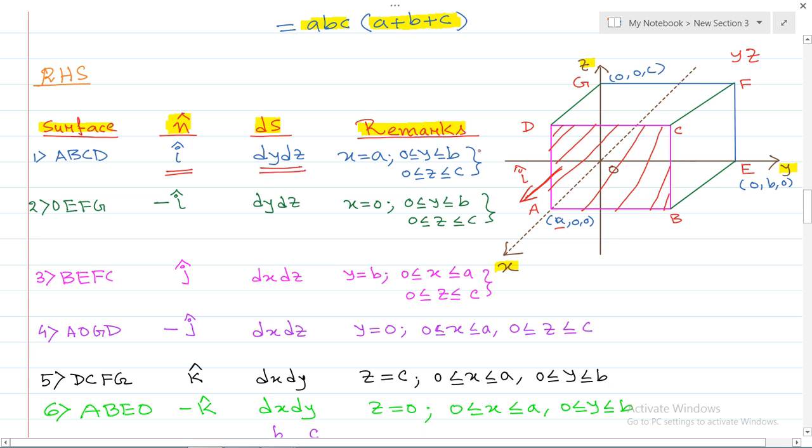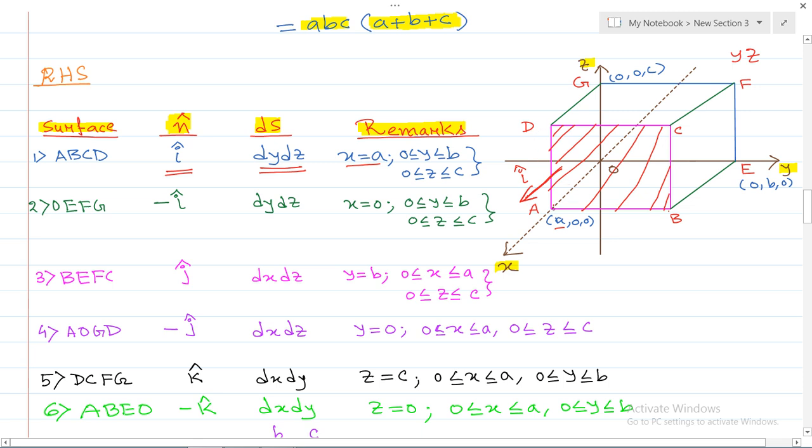And what are the remarks for this surface? That is, x is fixed at a distance a, while y will vary from 0 to b and z will vary from 0 to c. If you see this A to B, then you can see the variation of y, and A to D is the variation of z.